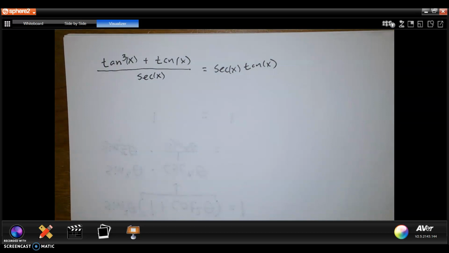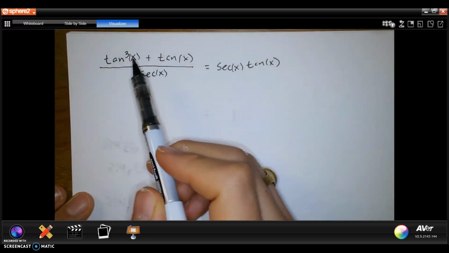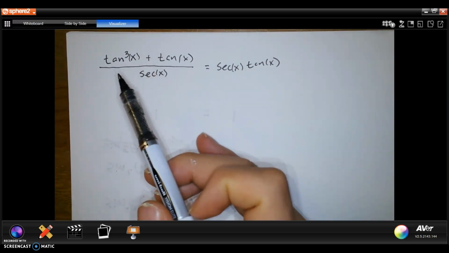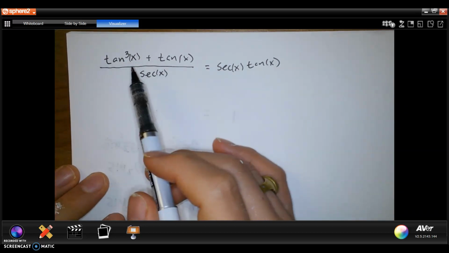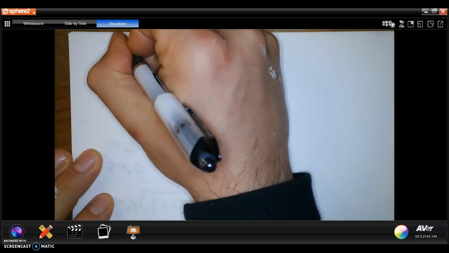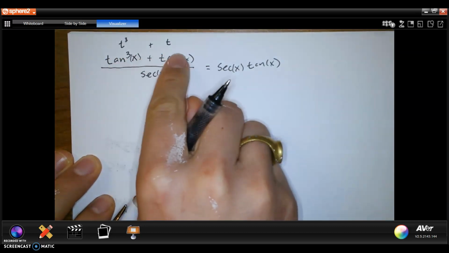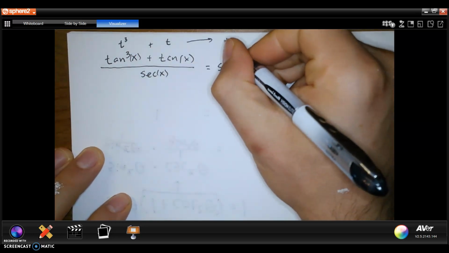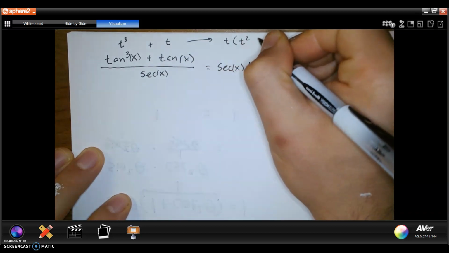You'll notice something a little different here, the third power. We don't really know any identities with tangent to the third power. Sometimes, before we actually complete a substitution, we have to do some algebra. We actually have a GCF. If you think about this as t cubed plus t, you can see the relationship between those two. That can be rewritten by taking out the t, times t squared plus 1.